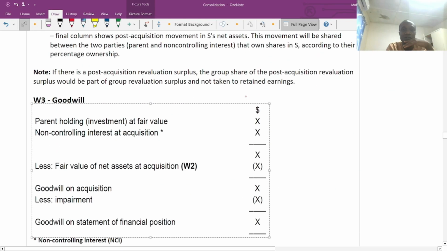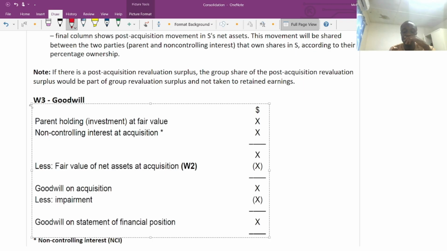Nothing to worry about. Very important point, you need to note this down. We are talking about the post-acquisition evaluation surplus only: the group share of the post-acquisition evaluation surplus will be part of the group evaluation surplus, not taken to the retained earning.